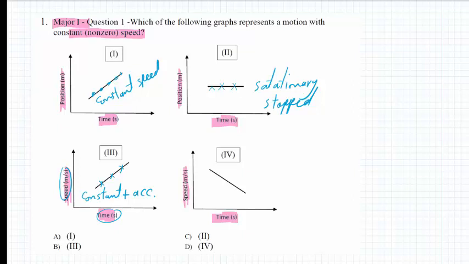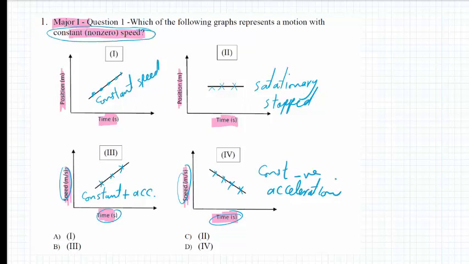The last one is also a speed versus time, and the speed decreases linearly. That means a constant negative acceleration. Here he's asking about what? Constant speed. This is the only case of constant speed, so I will choose number A.